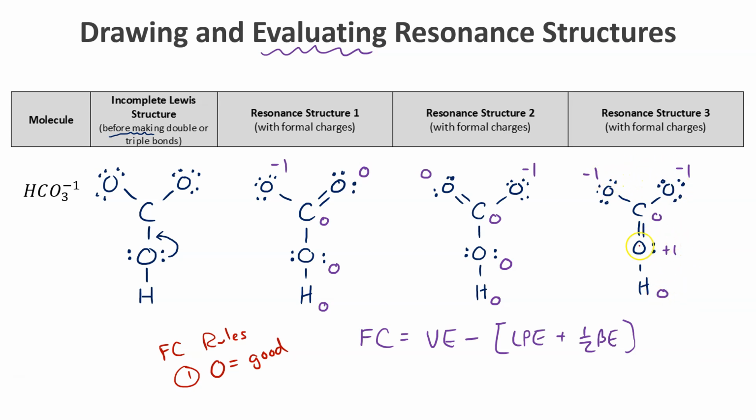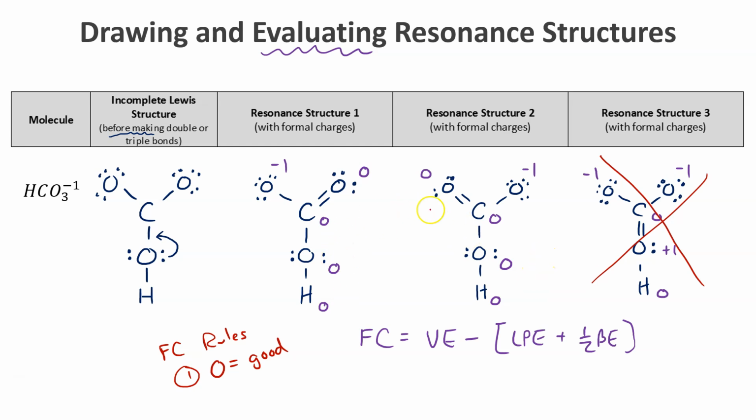Oxygens have a -1. This oxygen has a +1. These other 2 structures have 4 different zeros and only 1 oxygen with a -1 charge. So even though I drew 3 resonance structures, you could rule out this last one as being an acceptable or reasonably likely version of HCO3- that you might see in real life.